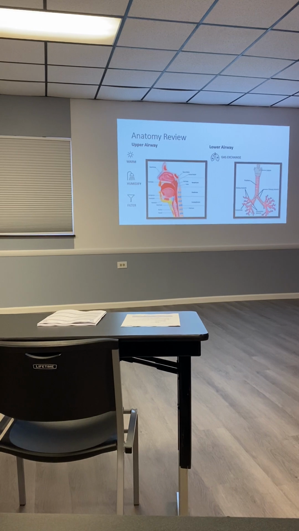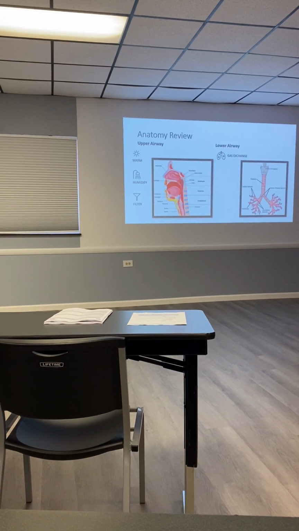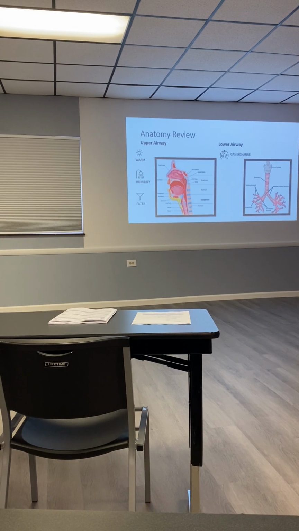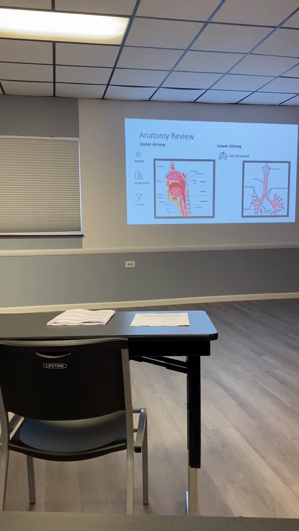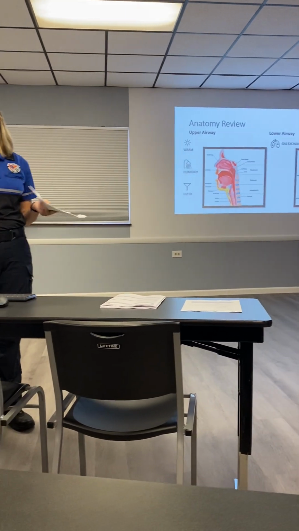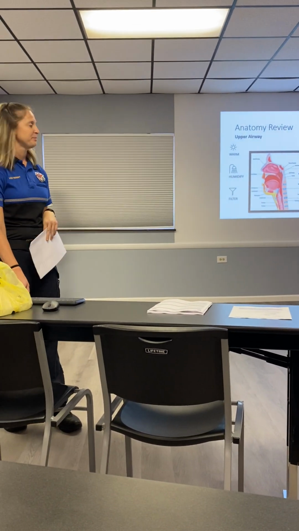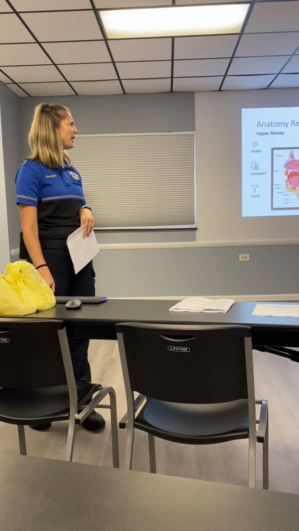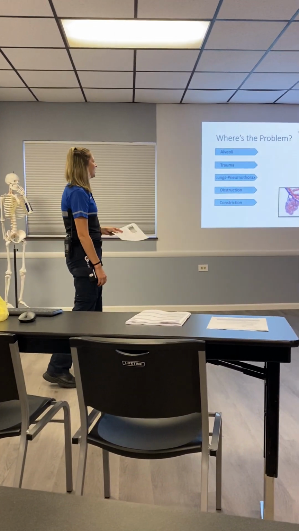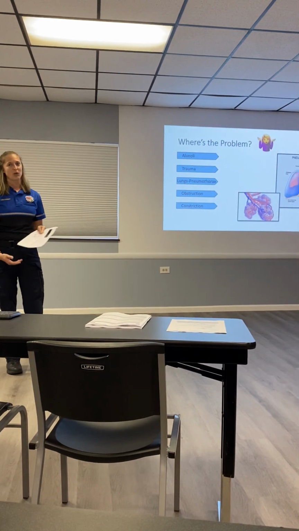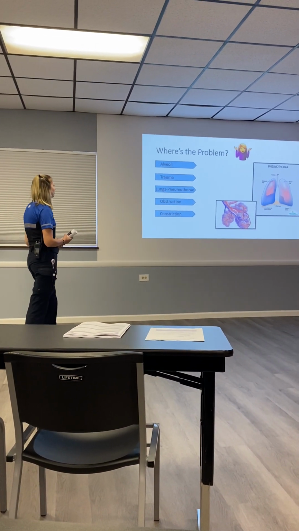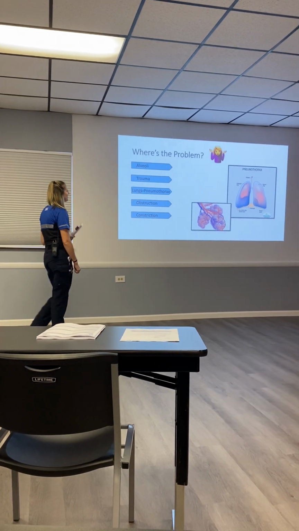So I remember when I was in school, I had a nurse that kind of broke everything down pretty simple and talked about, you know, air goes in and out, blood goes round and round, which again breaks it down. But the thing about the airway is, in order to treat what's going on with someone's airway, we have to know where the problem is. So yes, air goes in and out, but do we have issues with the alveoli?